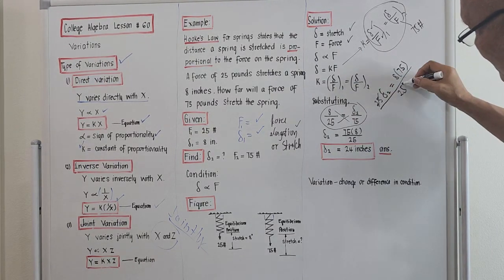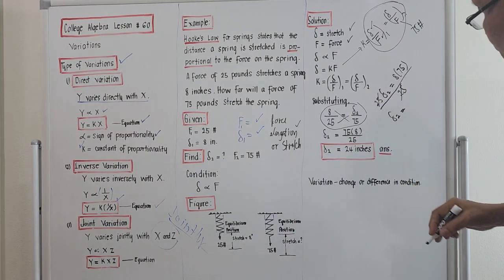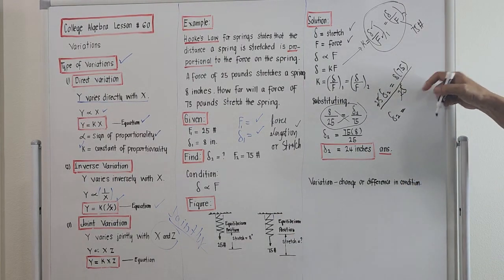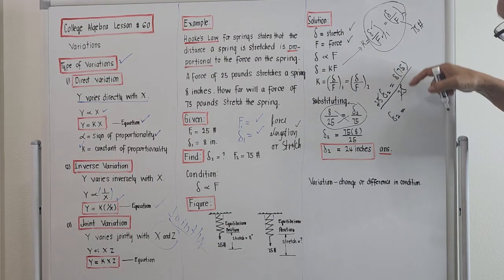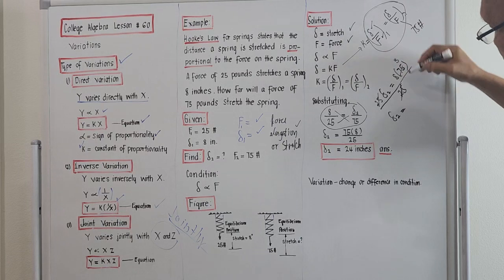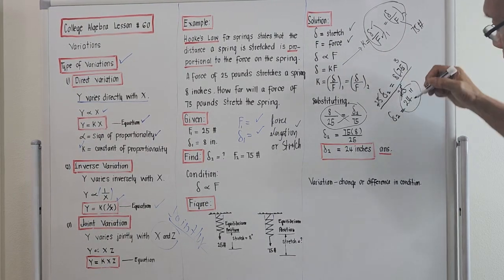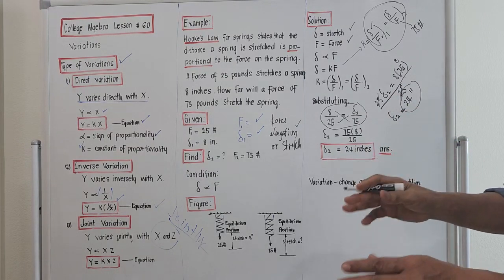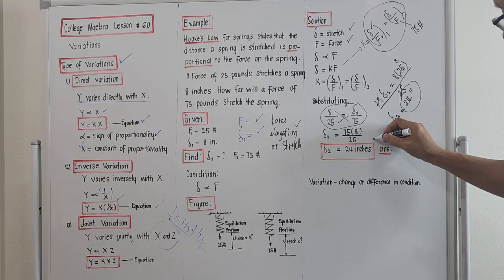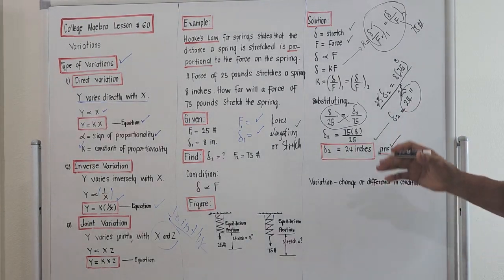On the left hand side this cancels, and what remains is the required elongation. On the right hand side, 8 times 75 over 25: 25 cancels with 75 to give 3, and 8 times 3 is 24 inches. So the required elongation for a force of 75 pounds is 24 inches. That will be the answer, as simple as that.